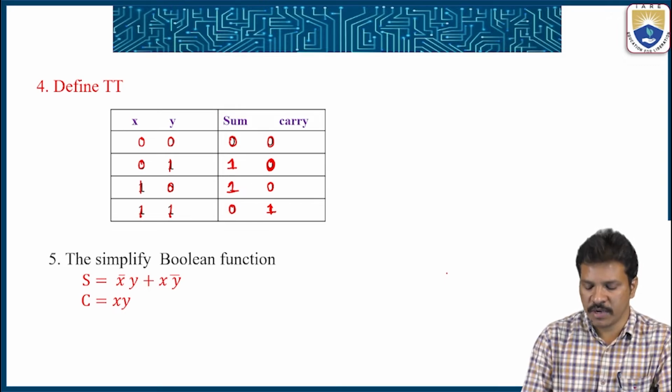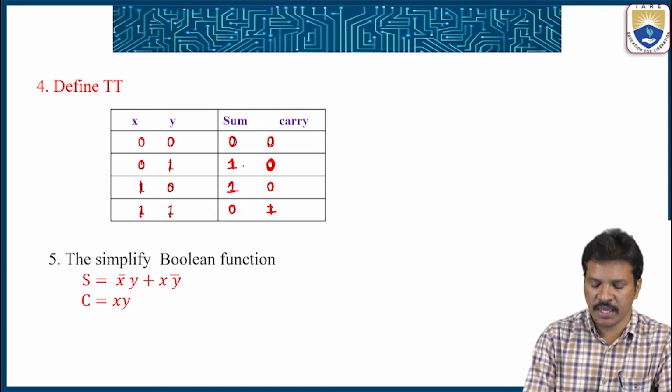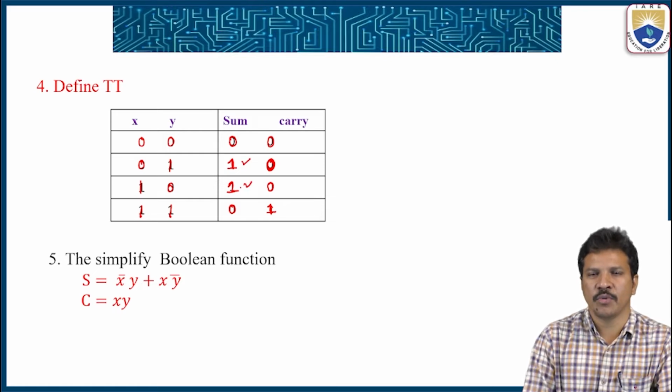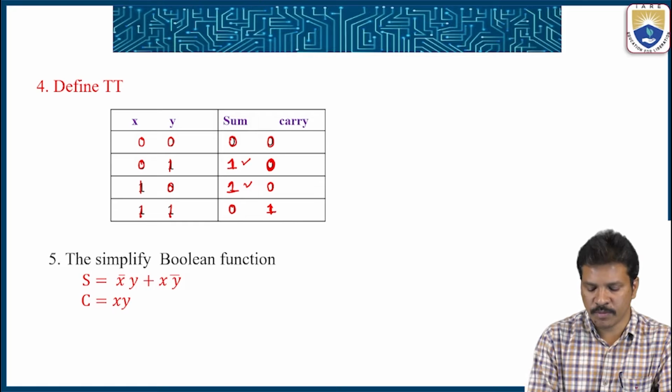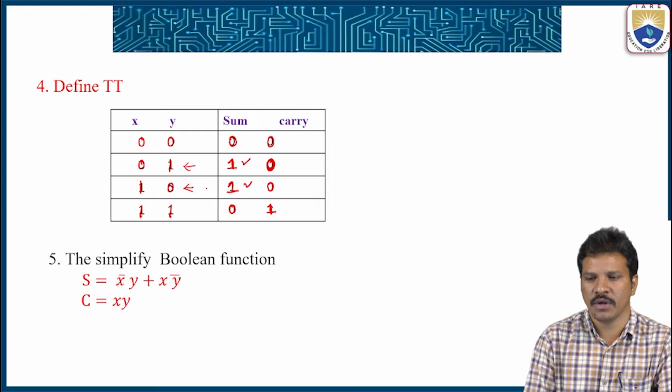If you see direct inspection for sum, where is the logic high in the sum output? In this case and in this case. So the output should include these corresponding minterms, which are 0 1 and 1 0.